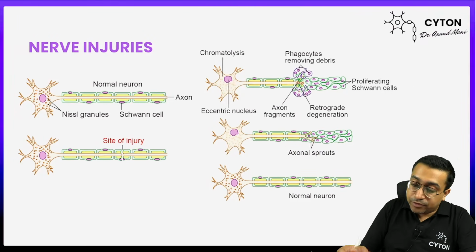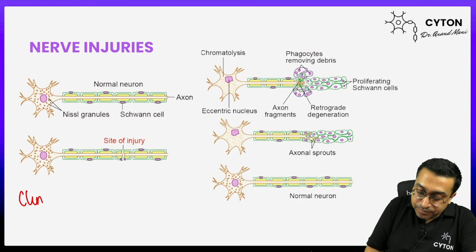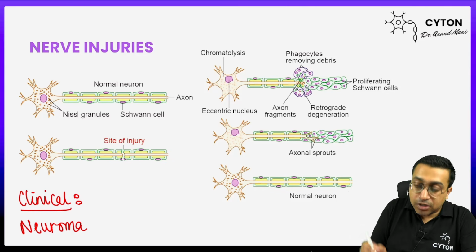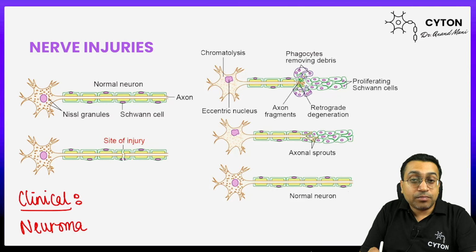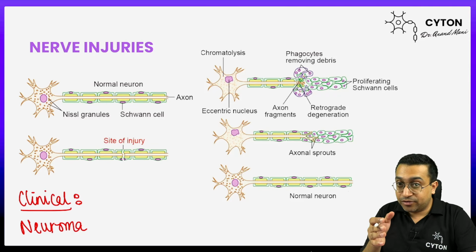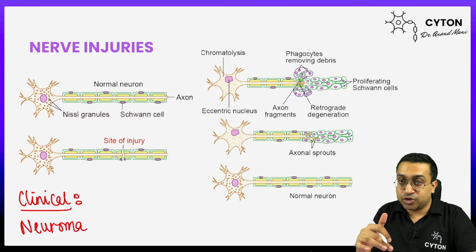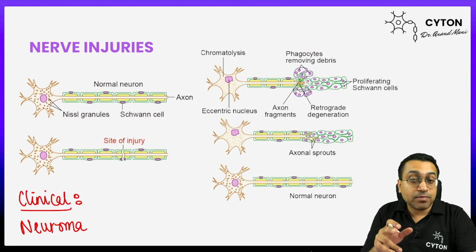Then we have, before we begin the peripheral nerves, let me add a clinical integration. Clinical point, that is neuroma. What is this neuroma? It is a benign tumor. Okay. So sometimes if the distance between the cut ends of the nerve fiber is more, then the gap is filled with fibrous tissue which contains growing axonal sprouts, and this mass forms the neuroma, and this is very painful.